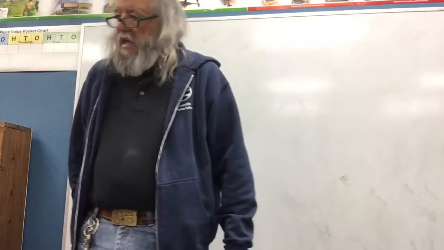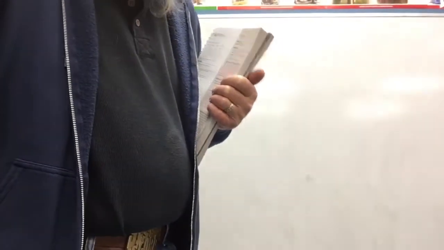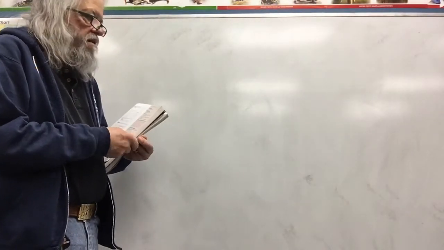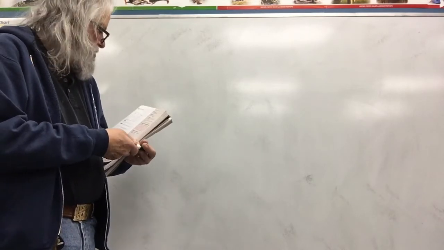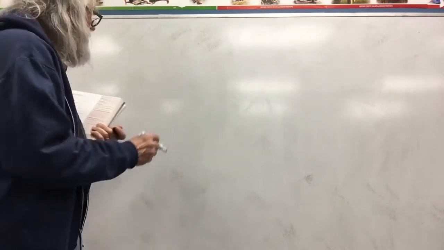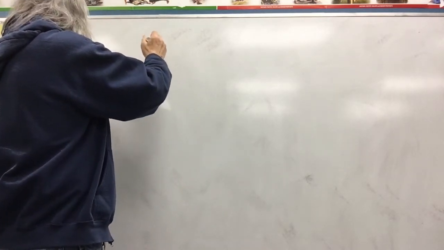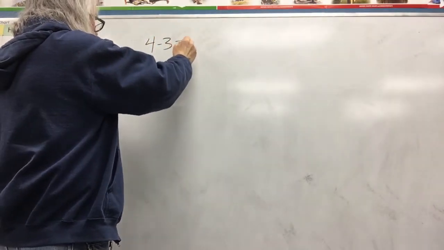And they start off kind of in an interesting way in what they're trying to show you, by looking at patterns. That's always kind of a good thing. I ask quite often, what's the pattern? What pattern do you see? So they have 4 minus 3 equals 1.